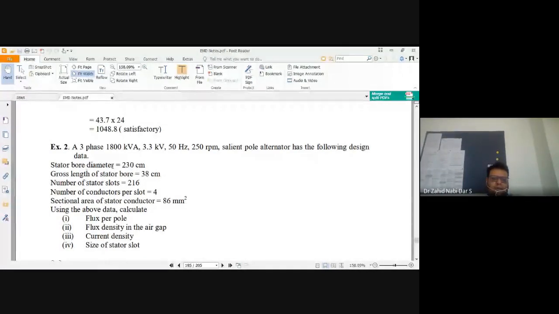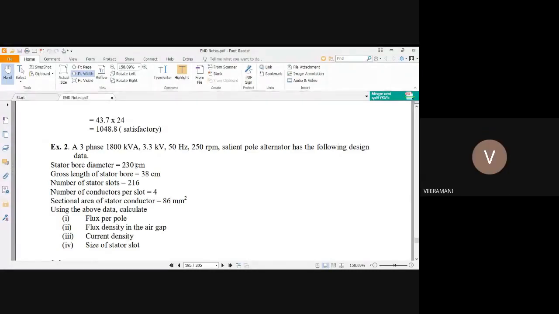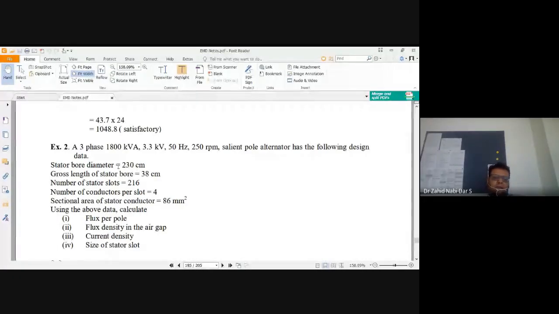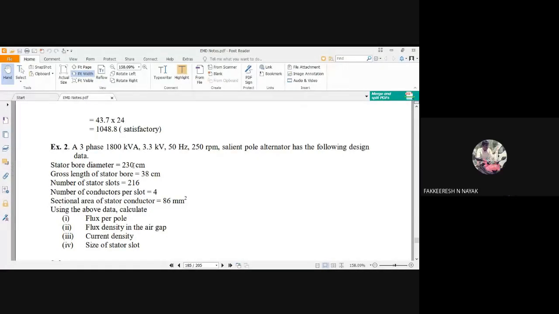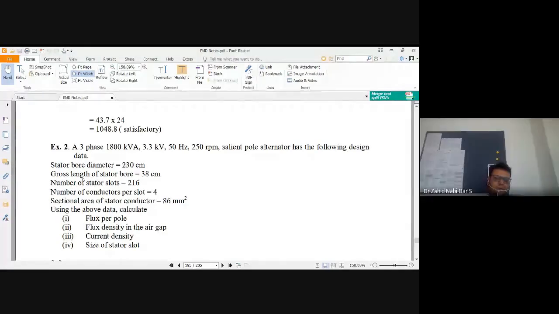See, this stator bore diameter you take as per your roll number. What is your roll number? You take that diameter. Whatever the last three digits of your USN number are, you have to take as your stator bore diameter.